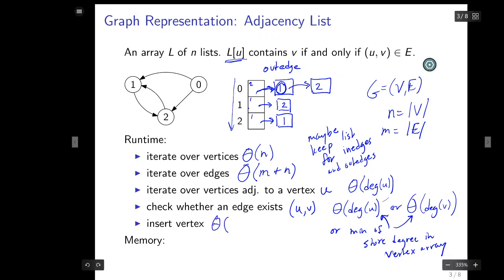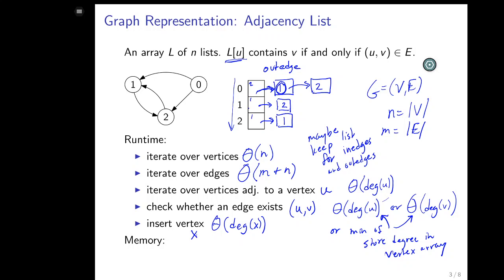Theta of... What's the length of the linked list? Degree. What are we going to call the new vertex? X. So let's say theta of the degree of X.